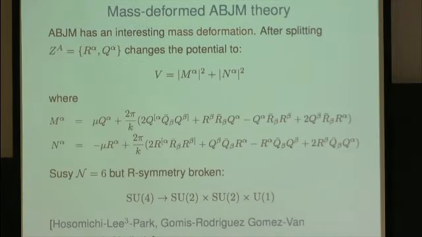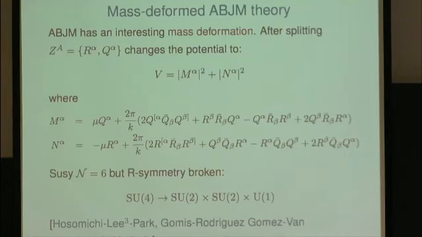And the deformation involves changing the potential in a particular way. Let's write the potential as the sum of 2 squares, where this M alpha is given by this horrible expression and N alpha by this horrible expression here. A nice form in 3-algebra space.